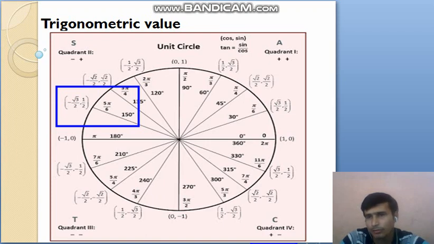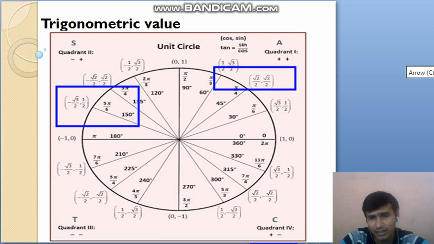If you want to find out the value of sine 45, look at the angle 45, right? And sine is the y coordinate, it's plus 1 by root 2. So this way you can find any value of the trigonometry function, right?